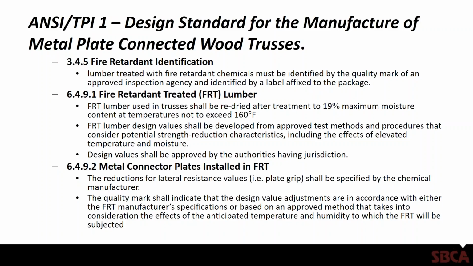The metal connector plates also, what the grip values are, the lateral resistance values or plate grip values for biting into the wood, those reductions have to be as specified by the chemical manufacturer, and again, the quality mark shall indicate the design value adjustments are in accordance with either the FRT manufacturer specifications or based on approved methods which are included in the building code.